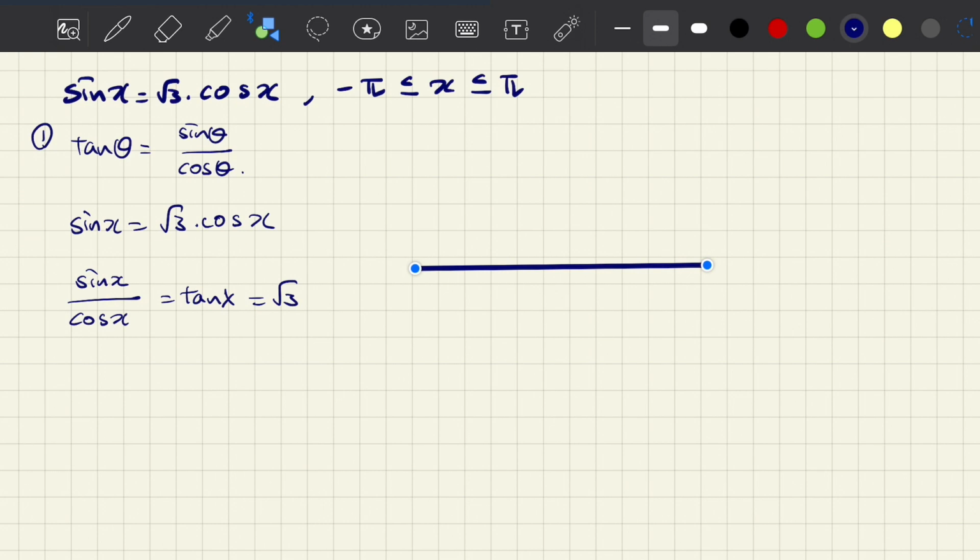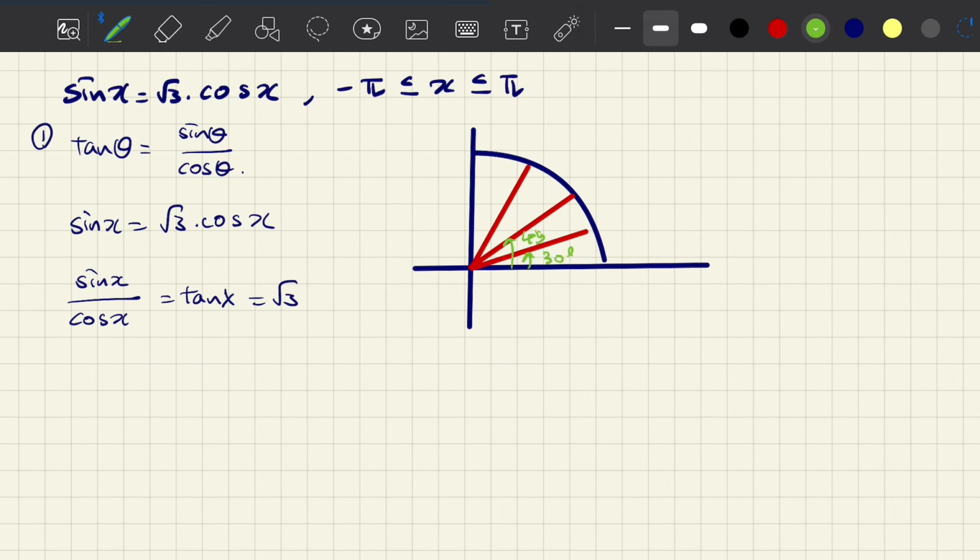Okay, then on a unit circle, let's say we have a unit circle and we have our angles. We know there's an angle 30 degrees, 45 degrees and 60 degrees, and we also know the values of the cosine and the sine for these angles.